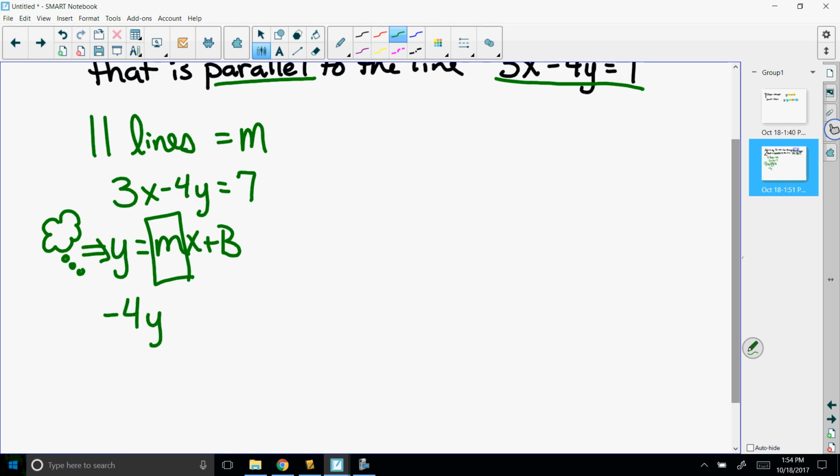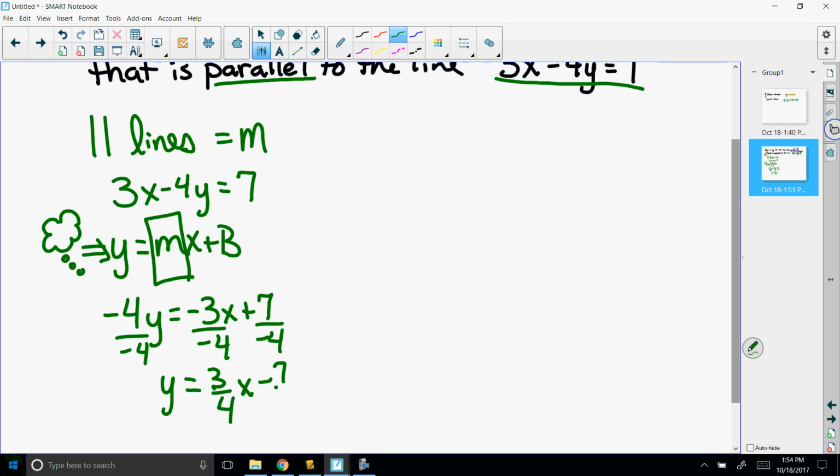So I get 4y is equal to negative 3x plus 7, and then divide by negative 4. So I get y is equal to, a negative divided by a negative is a positive, so I get positive 3/4 x minus 7/4.